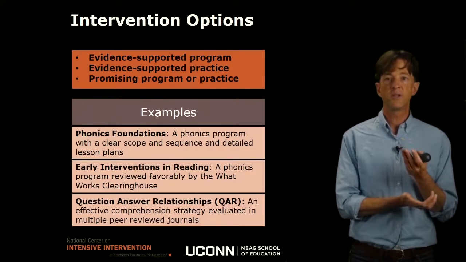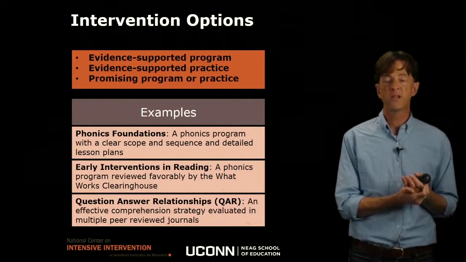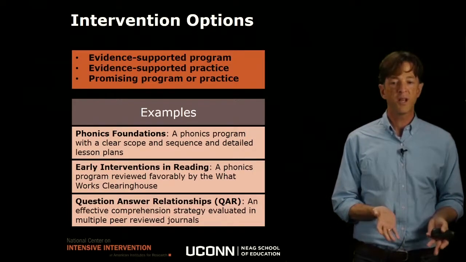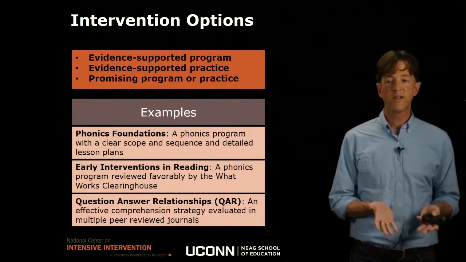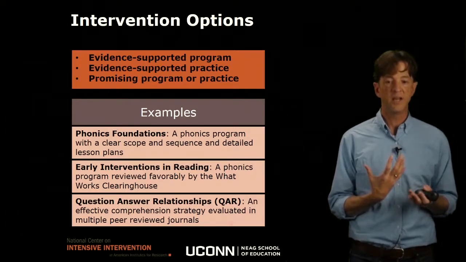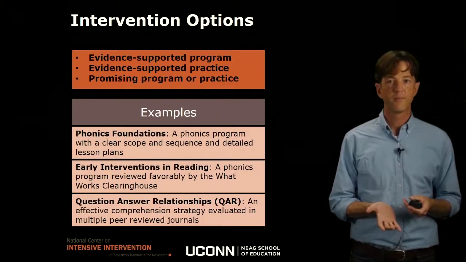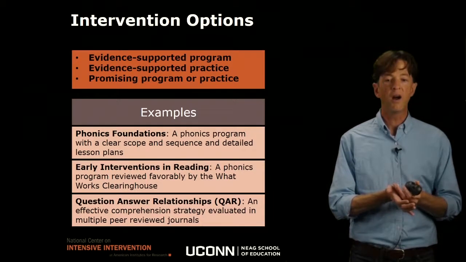So the second example, Early Interventions in Reading, is a phonics program reviewed favorably by the What Works Clearinghouse. So based on the information we have here, it's a program, it's comprehensive, and it's also reviewed favorably by the What Works Clearinghouse, which gives us evidence that there are rigorous studies supporting its effectiveness. And the last example, question-answer relationship, QAR.